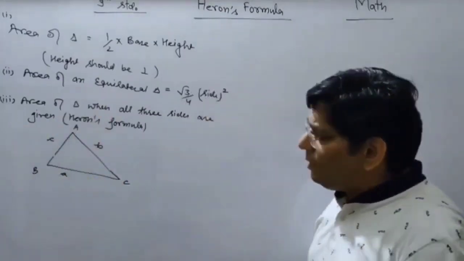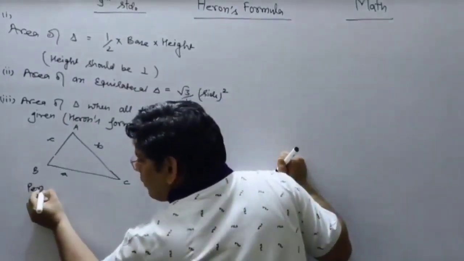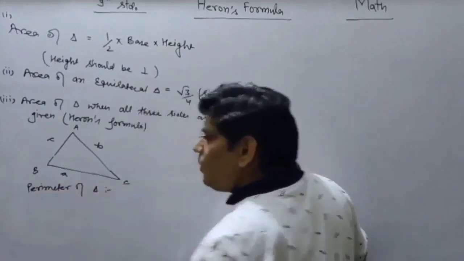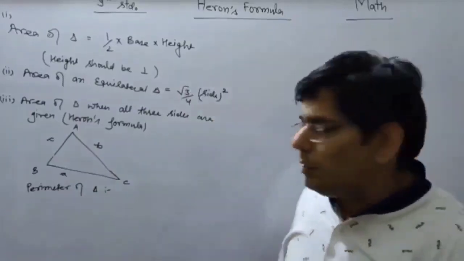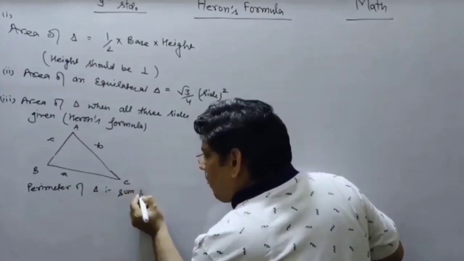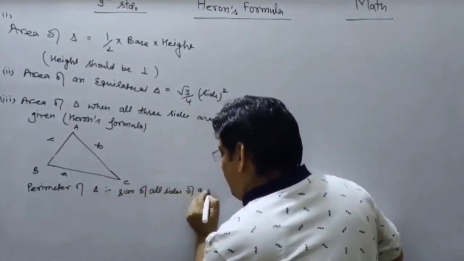So before we start Heron's formula, we should know the perimeter of a triangle. What is the meaning of perimeter? Perimeter means the sum of all sides of a triangle.